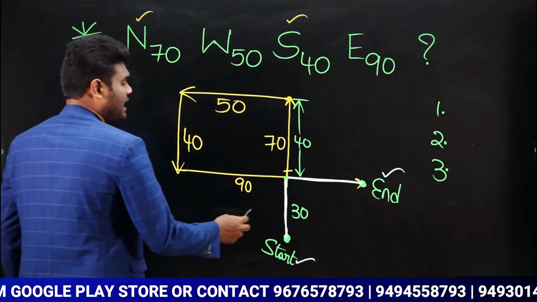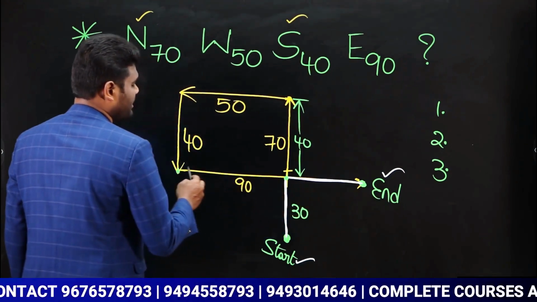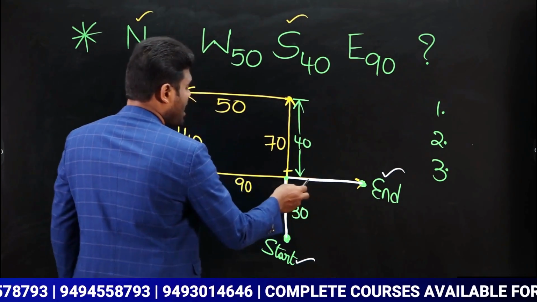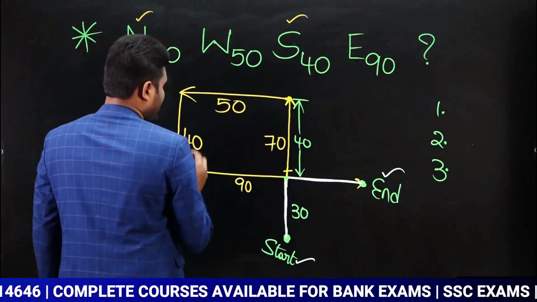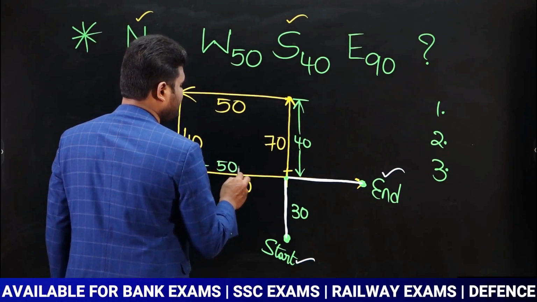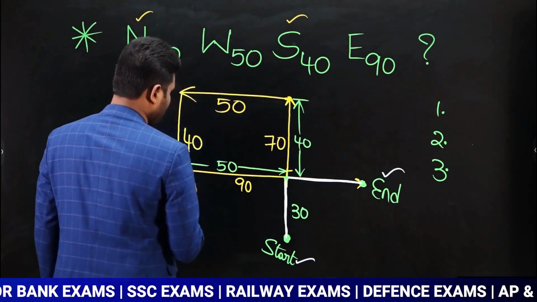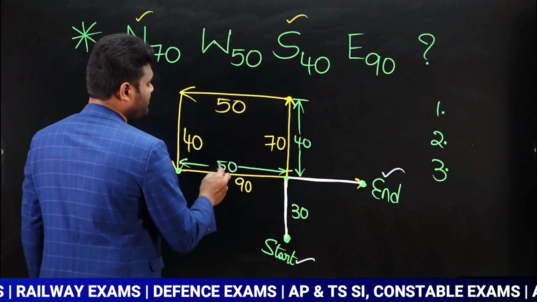Similarly, observe here. Here to here, this total is 90 meters. Out of 90, we know that here to here, this is 50. If this is 50, even this will be 50.